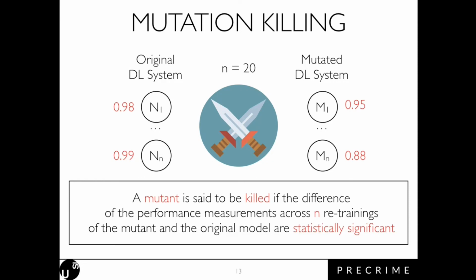And then we say that the mutant is killed if the test set can successfully detect a statistically significant difference between these two sets of models. So we get, for example, accuracies from the original, we get them from the mutated, we give them to statistical tests, and if it says that these two sets are different and it's statistically significant, we say that our test set was able to kill this mutant.